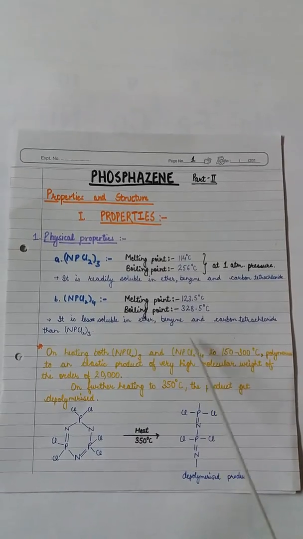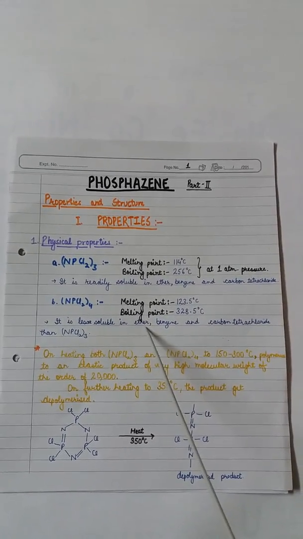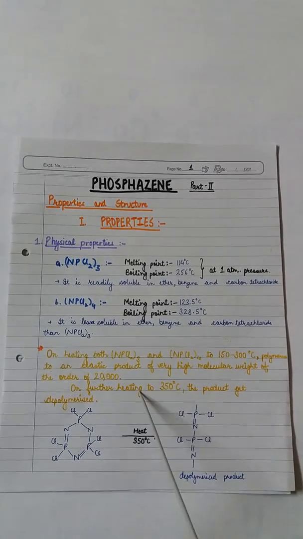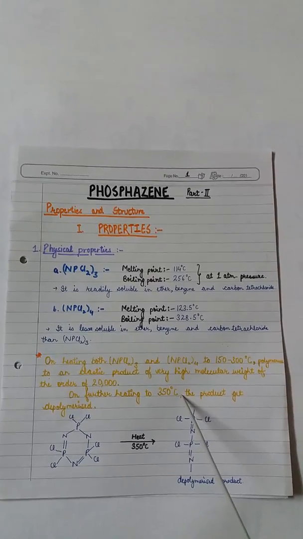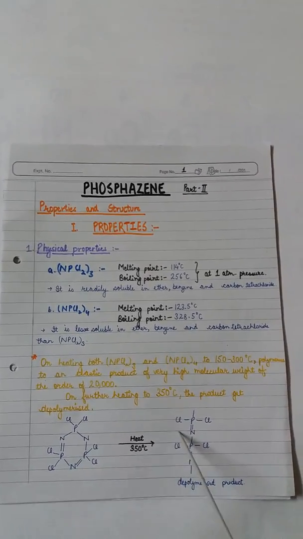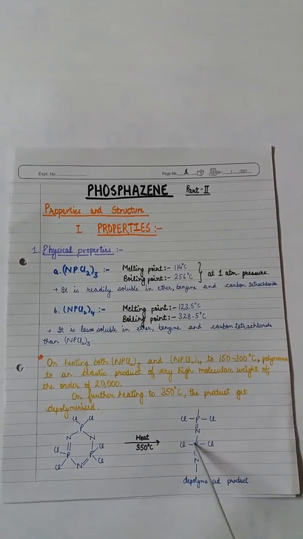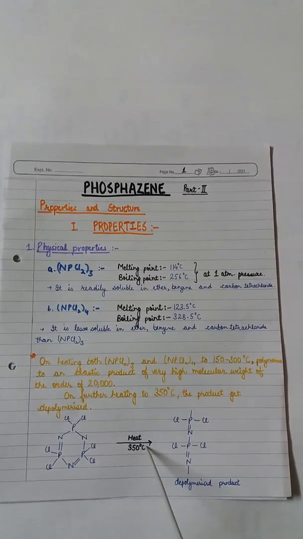That means till 150 to 300 degrees centigrade, when we are heating both these products, they form an elastic product of high molecular weight. But as soon as the temperature reaches 350 degrees centigrade, the product gets depolymerized. You can see this is the depolymerized product which is formed when we extend the heating above 350 degrees centigrade.